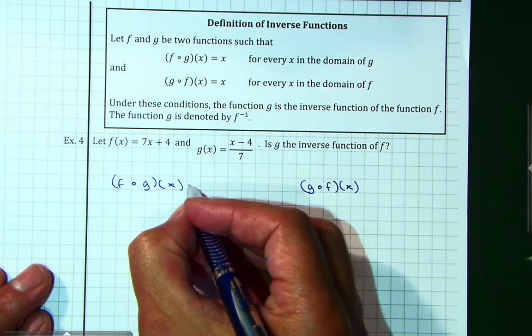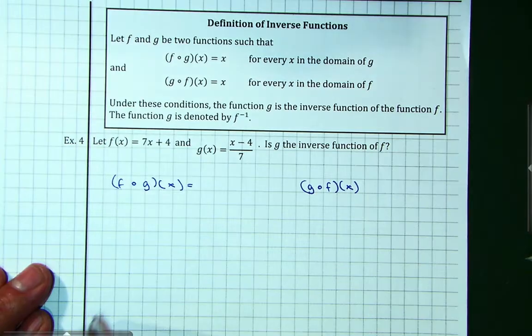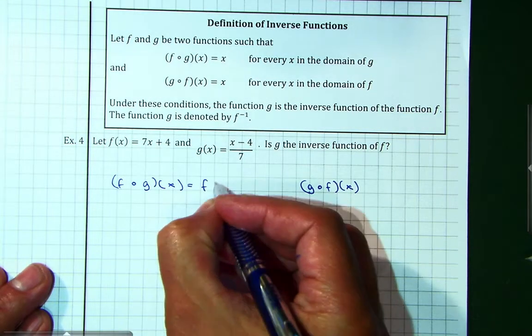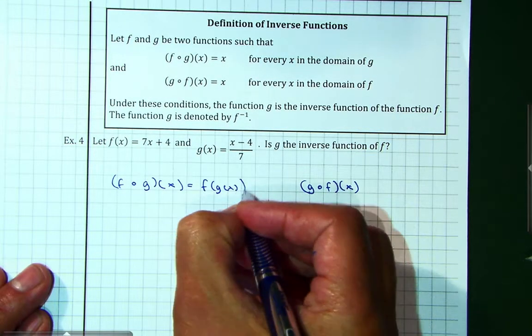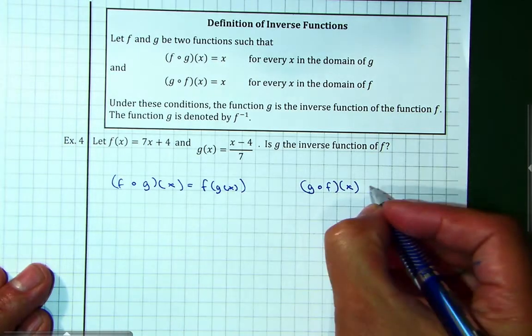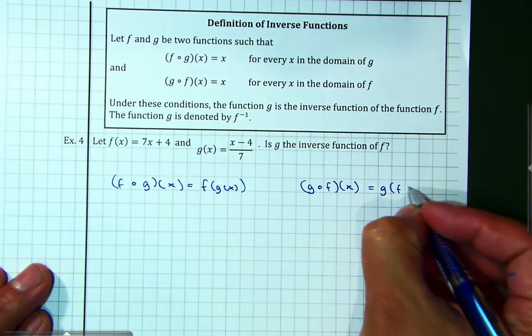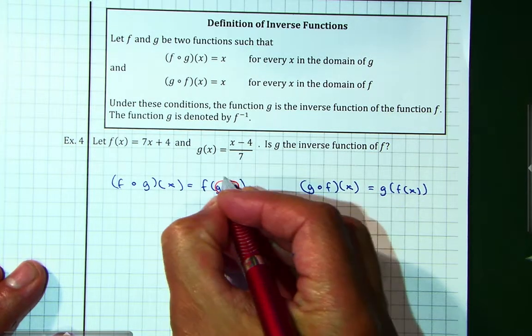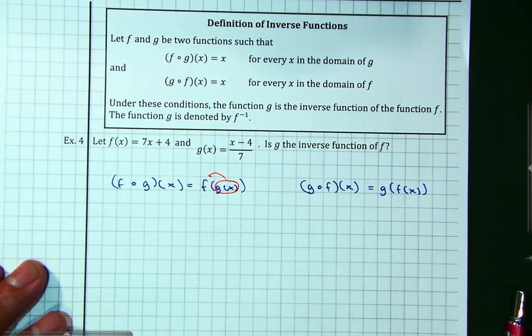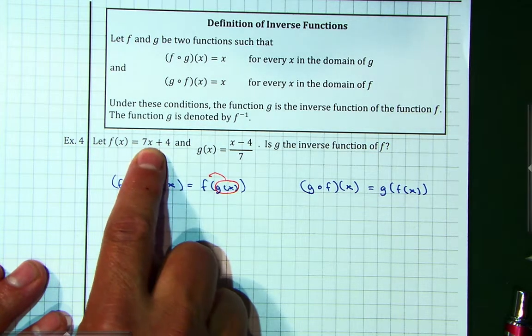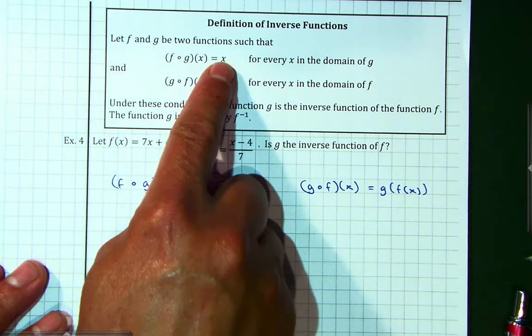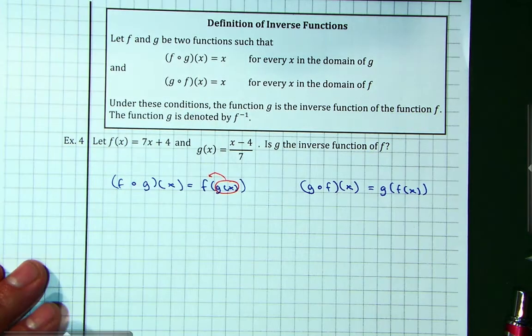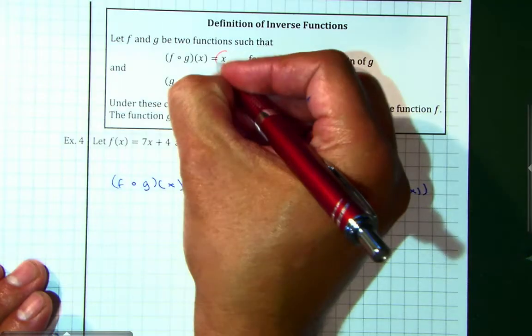Remember that this is something that you guys covered last year, f of g of x. And over here, this is g of f of x, which means you're going to plug the g inside the f. And if g is an inverse of f, then we should end up with an x for both compositions.